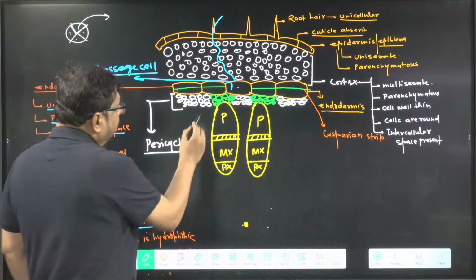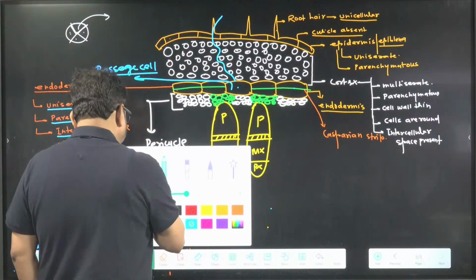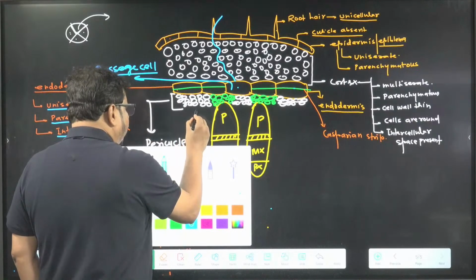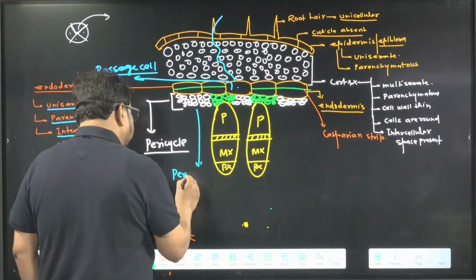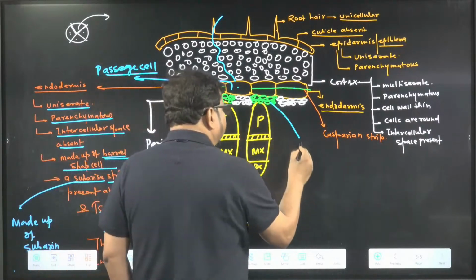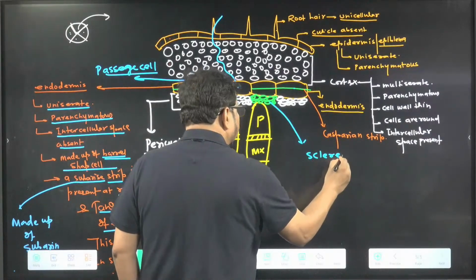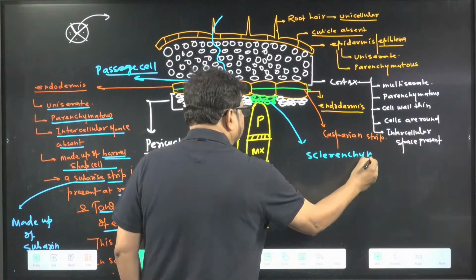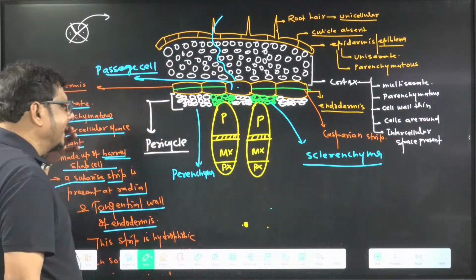This pericycle layer is made up of two types of simple tissue. The white color I drew here is parenchyma. And the green color I have shown here is sclerenchyma. Understanding the idea or not?